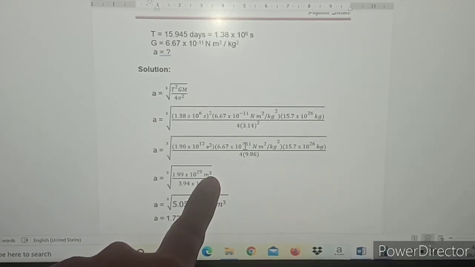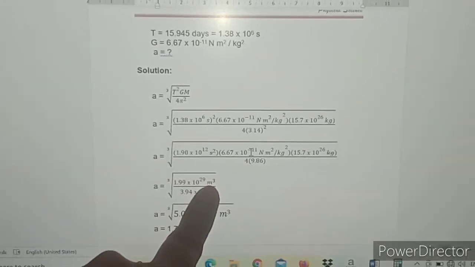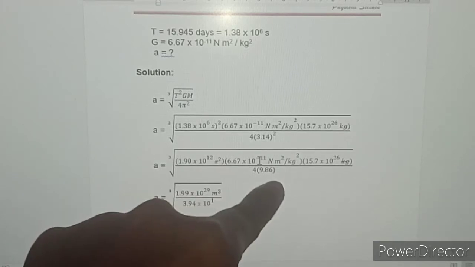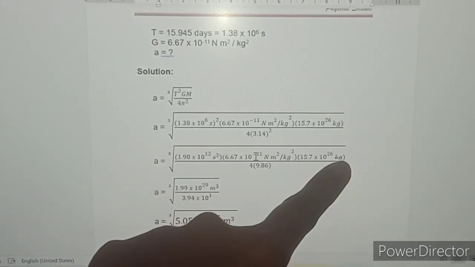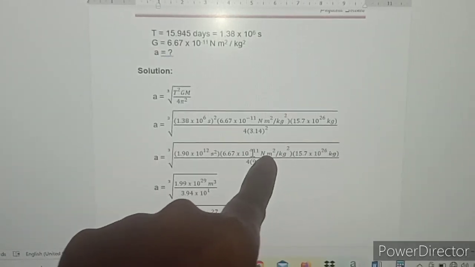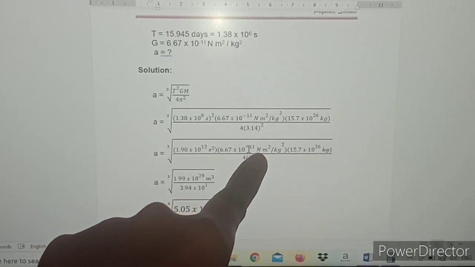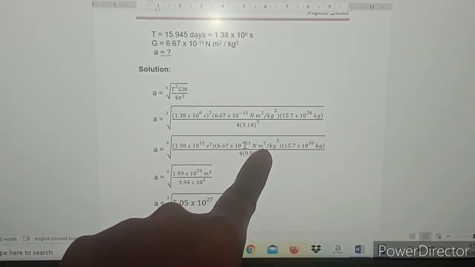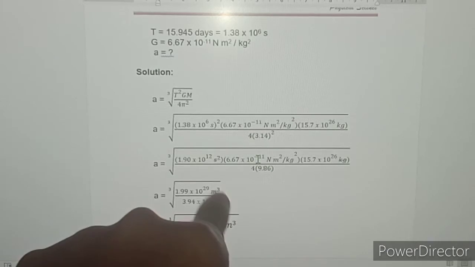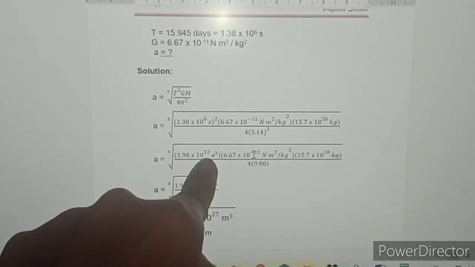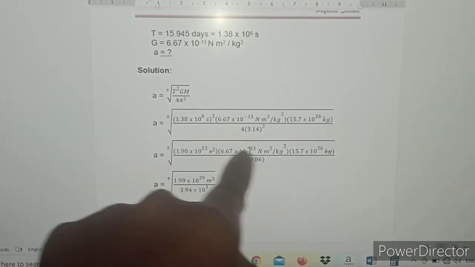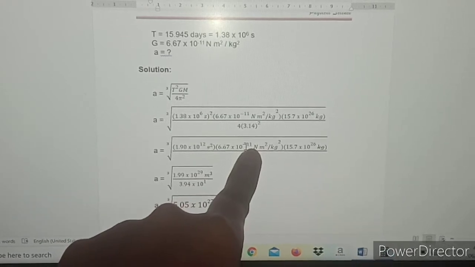Okay? Paano po siya naging m cube? Kasi nag-cancel out tayo dito ng units. Ayan. So, di ba yung sa Newton natin is may isang meter dyan. So, i-multiply siya dun sa m squared natin. Kaya nagka-m cube tayo dito. And then, canceled out yung s squared and then yung s squared dun sa Newton natin.